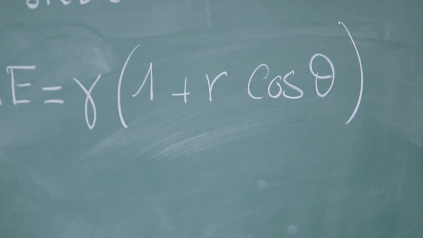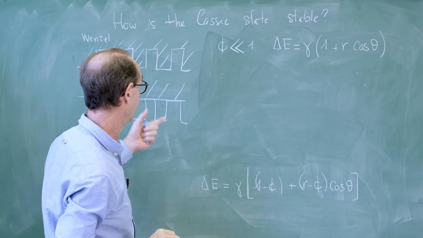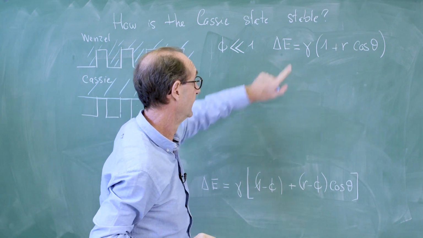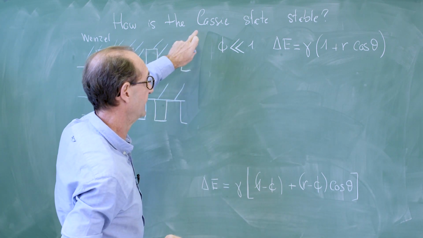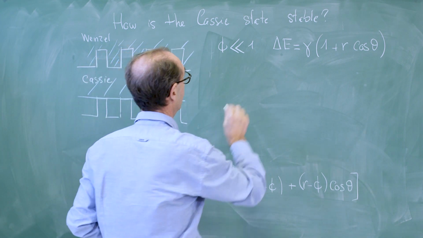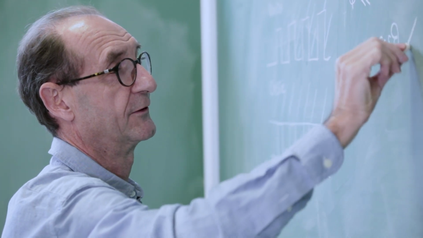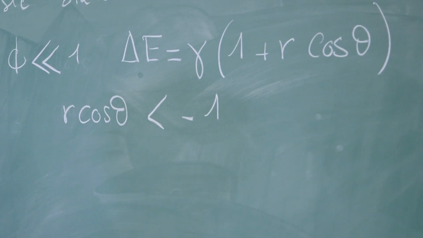Now, in order for the Cassie state to be more stable than the Wenzel state, this difference in energy has to be negative. So a condition for stability of the Cassie state is R cosine theta less than minus 1.